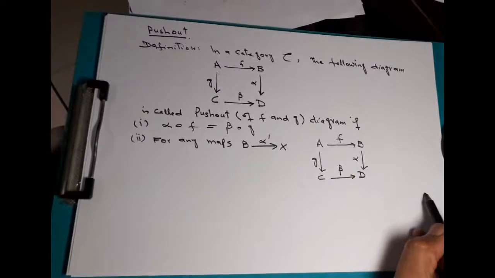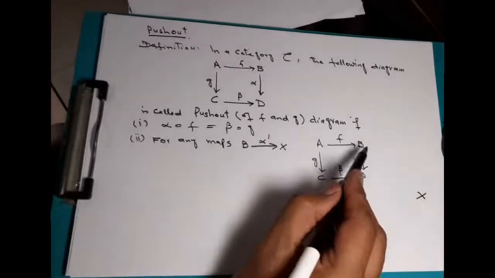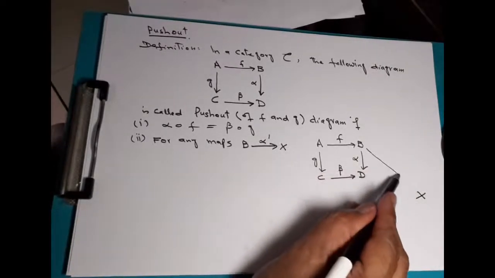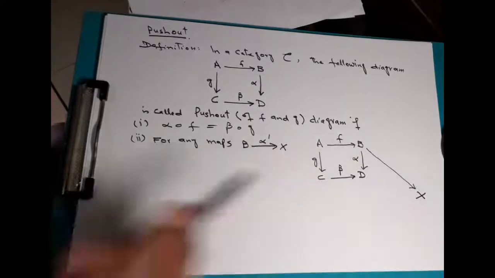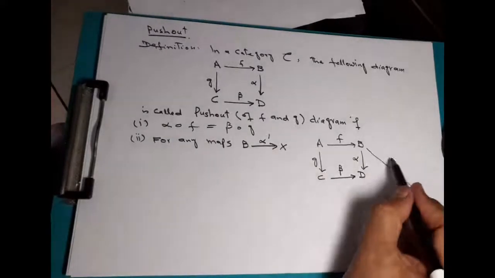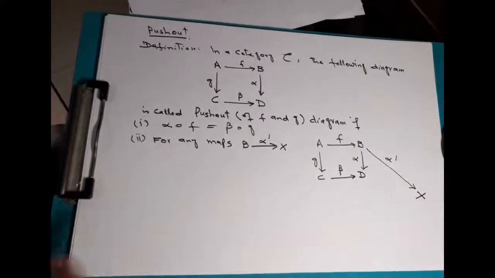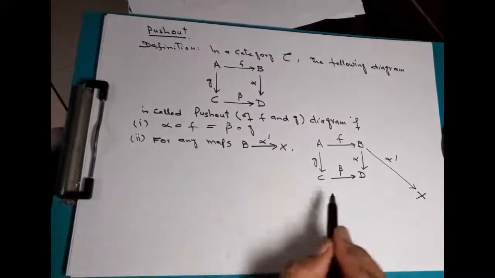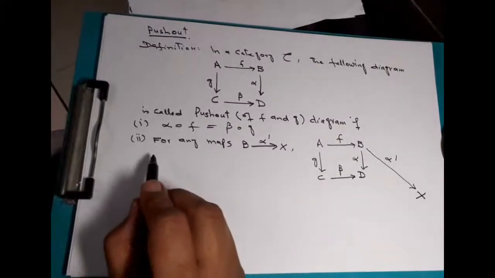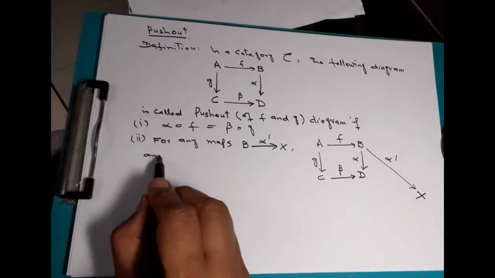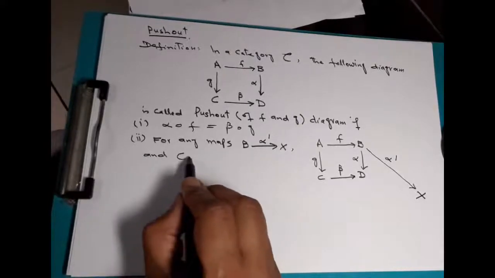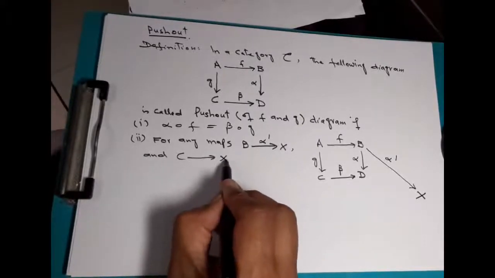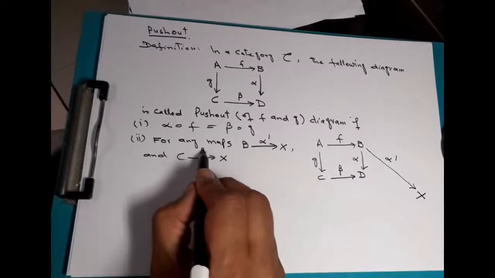There is an object X, and if there is a map from B to X, alpha dash, and a map from C to X, let's call it beta dash.